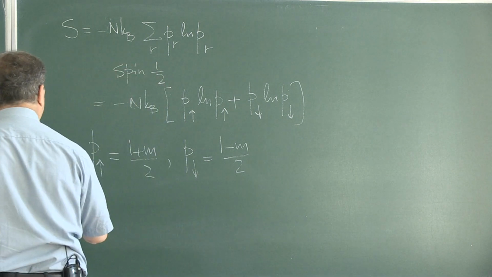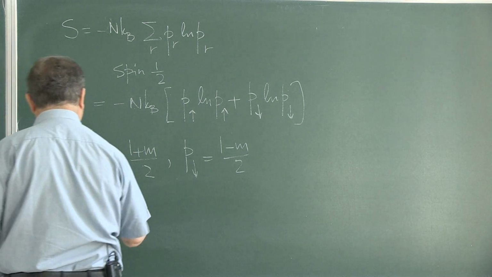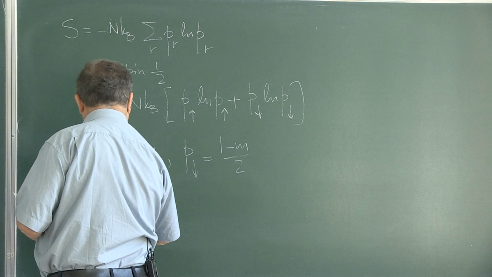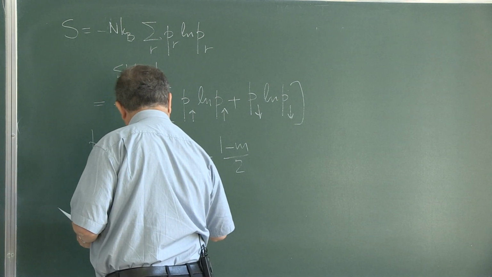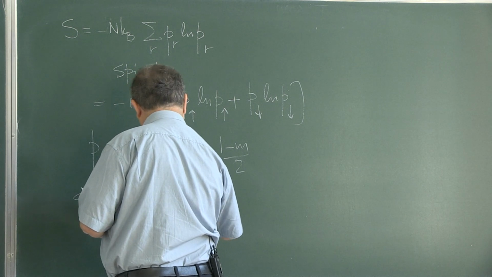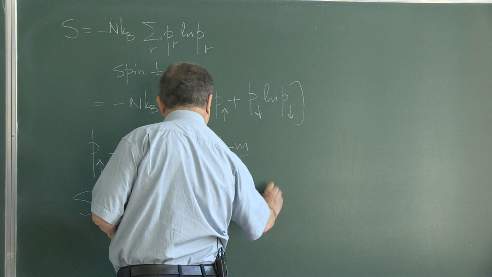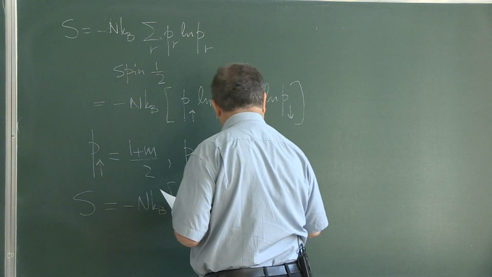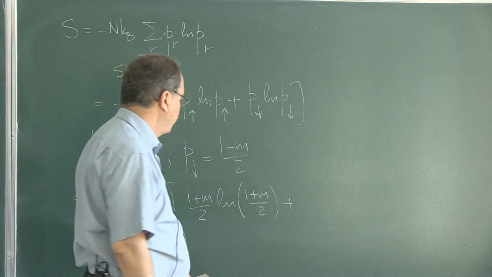So entropy becomes, in this case, explicitly minus N k_B, (1 plus m over 2) ln (1 plus m over 2). Well, it is like a toy problem, isn't it?